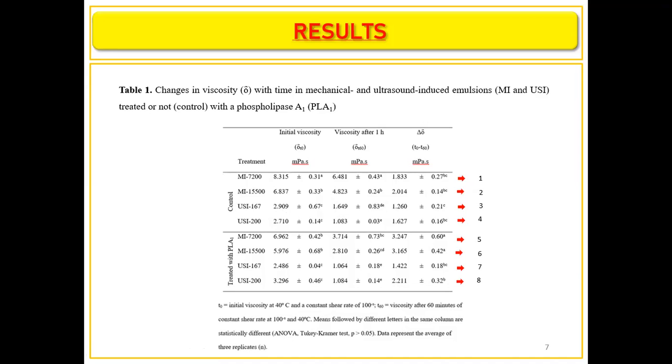But we can see a difference between the control, which is the emulsion not treated with the phospholipase, and all those emulsions treated with phospholipase. It's the same as the picture that I showed you before. There are clear visual differences, but also in the viscosity we can see the difference.